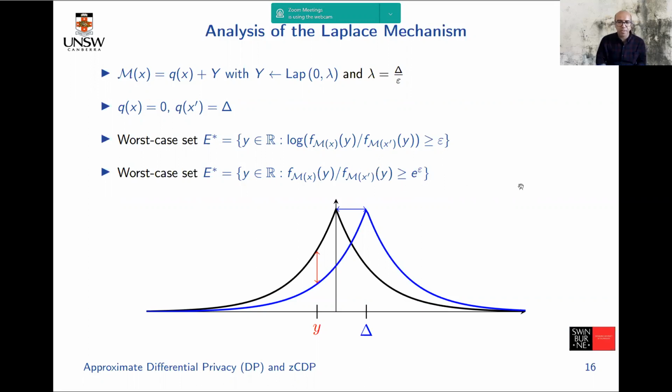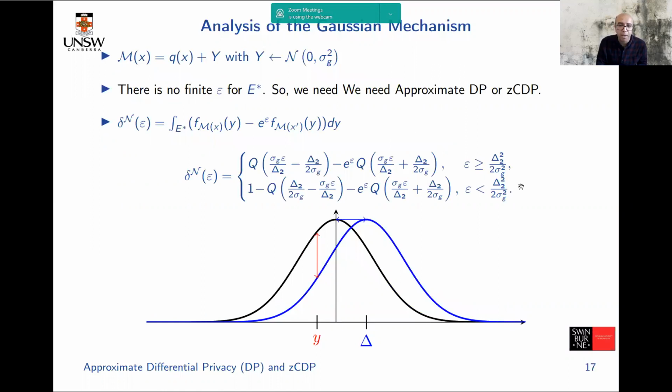So in this case, for the Laplace mechanism, we can get this one, but for the Gaussian distribution, if you choose y from a Gaussian distribution, there is no finite epsilon for E star, so we need to have approximate DP or zCDP. That's why for the Gaussian mechanism, we need to have approximate DP or zCDP.